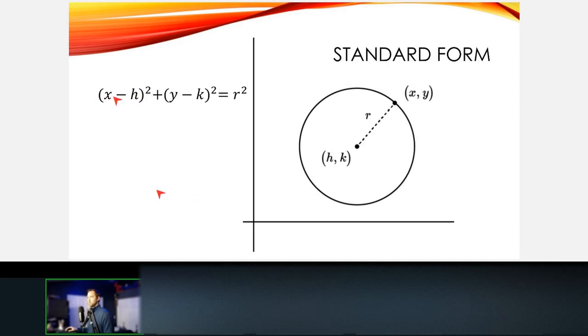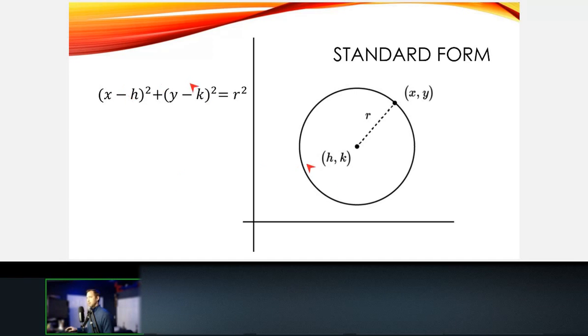So we have the quantity x minus h squared plus the quantity y minus k squared equals your radius squared. And based on the diagram that you see, the center of your circle is h comma k. We have h here in the formula, and then here is k.